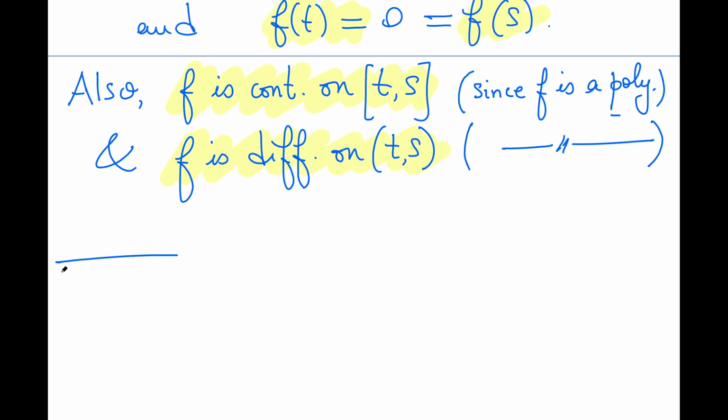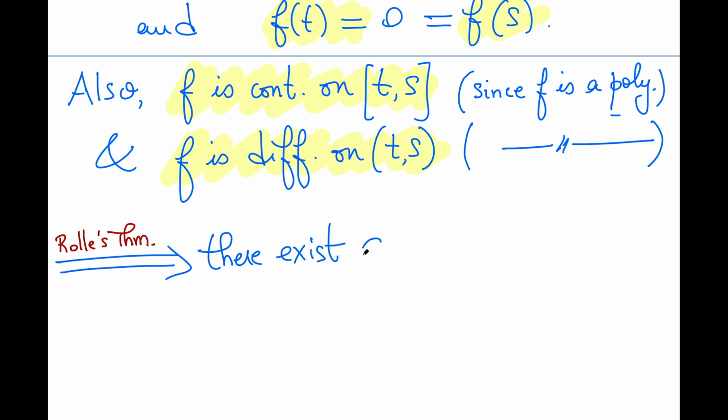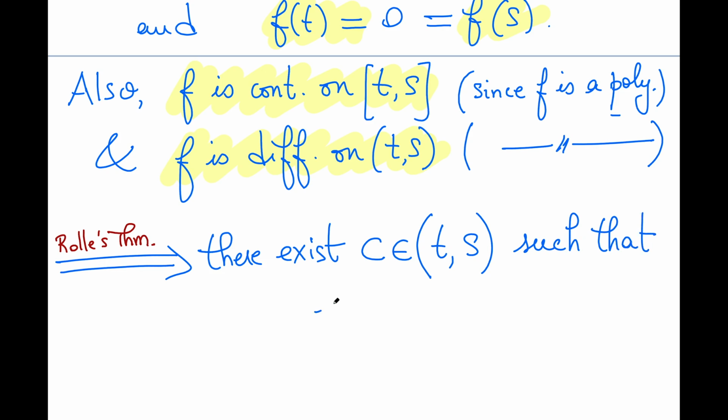So then, by Rolle's theorem, here I'm applying it. What can we infer? We infer that there must exist a number c between t and s such that f prime of c is 0.